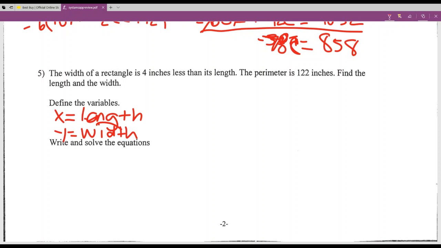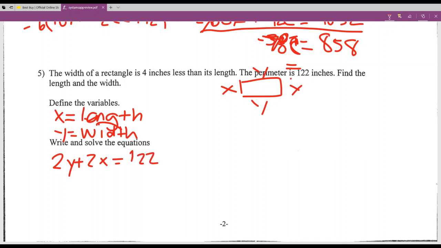All right, so your first equation, well, let's start with the perimeter one. Remember, perimeter of a rectangle adds up all the sides. So you got Y plus X, or 2Y plus 2X. And it tells you what the perimeter is. So 2Y plus 2X equals 122.